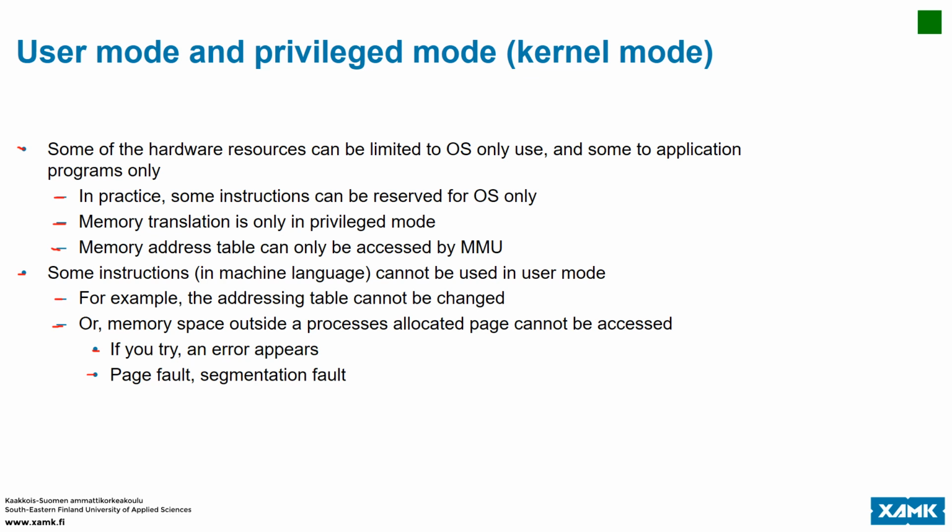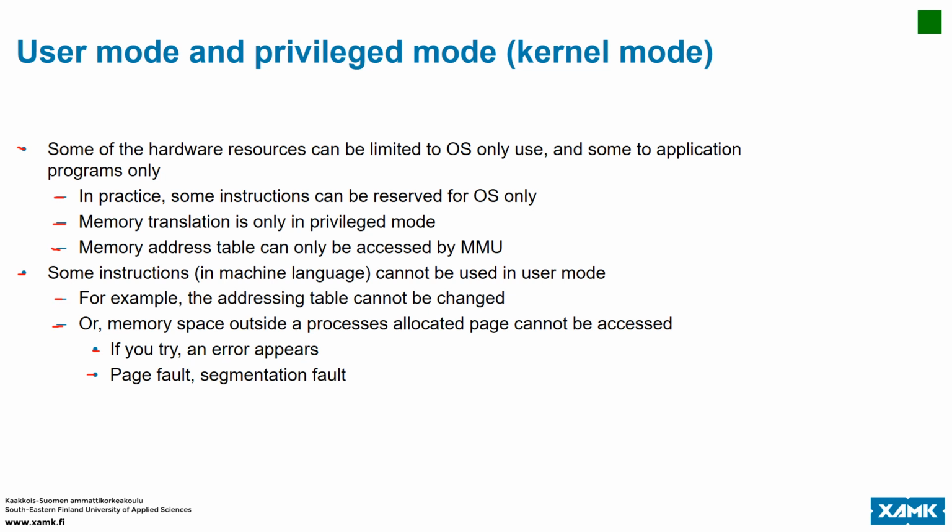If you have ever run programs in the Linux command line, or even programmed using the Linux operating system, you may have seen these errors. So now you also know what causes them. So it's basically a program not using memory quite right and trying to access the memory space outside of its allocated area.